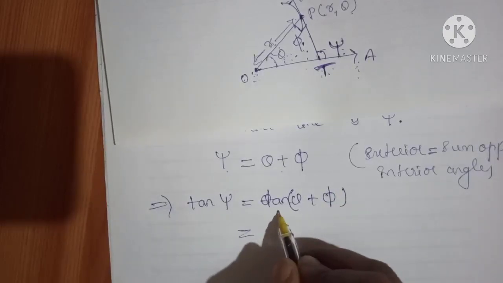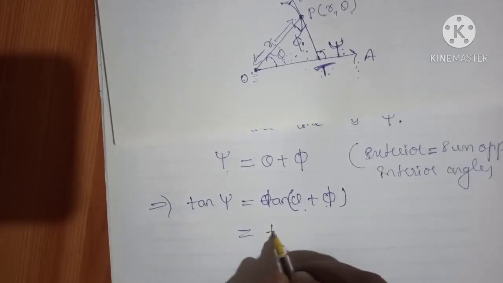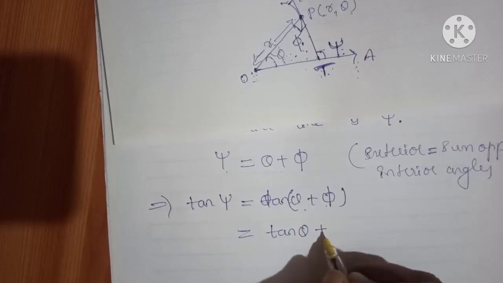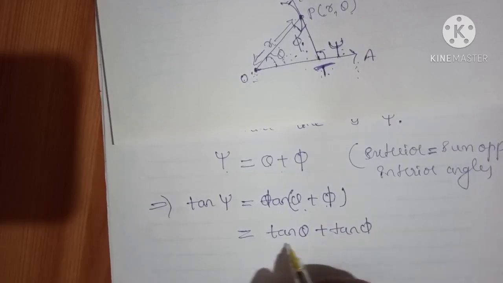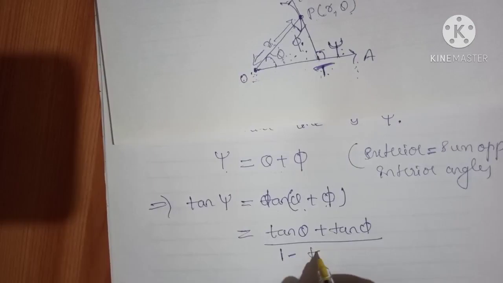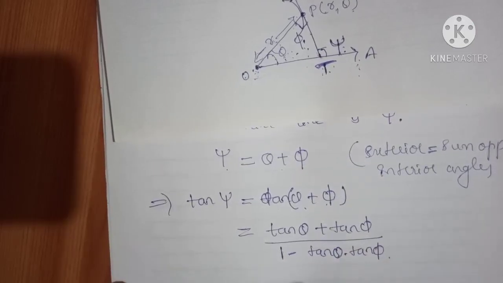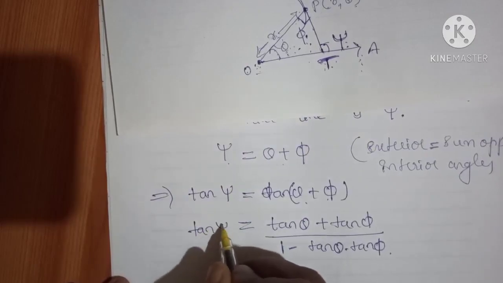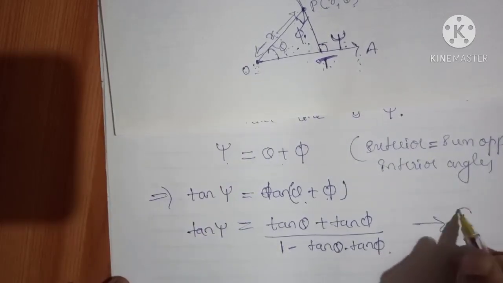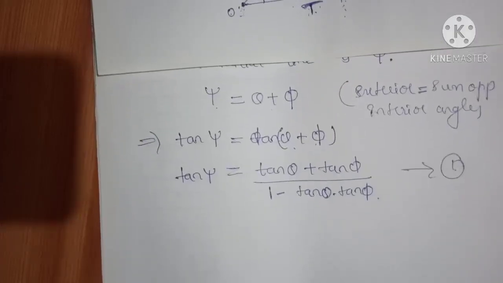Applying the tan of a plus b formula, we get tan psi equals tan theta plus tan phi divided by 1 minus tan theta into tan phi. Consider this as equation 1.